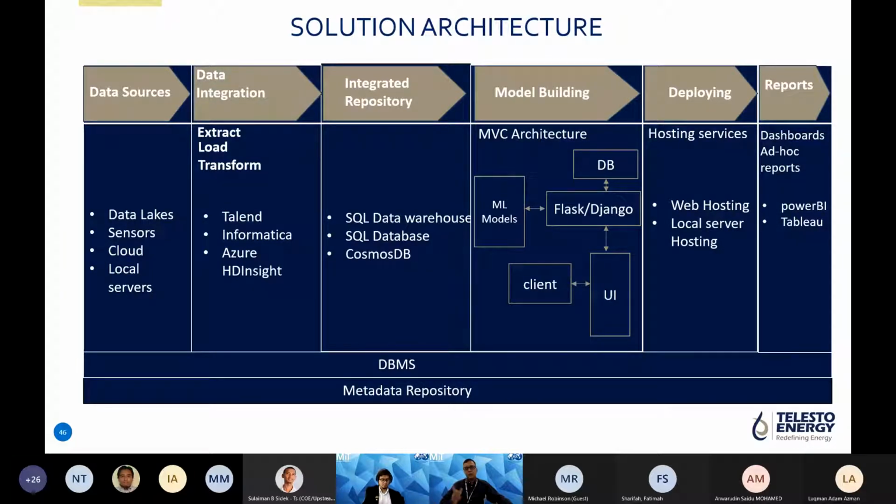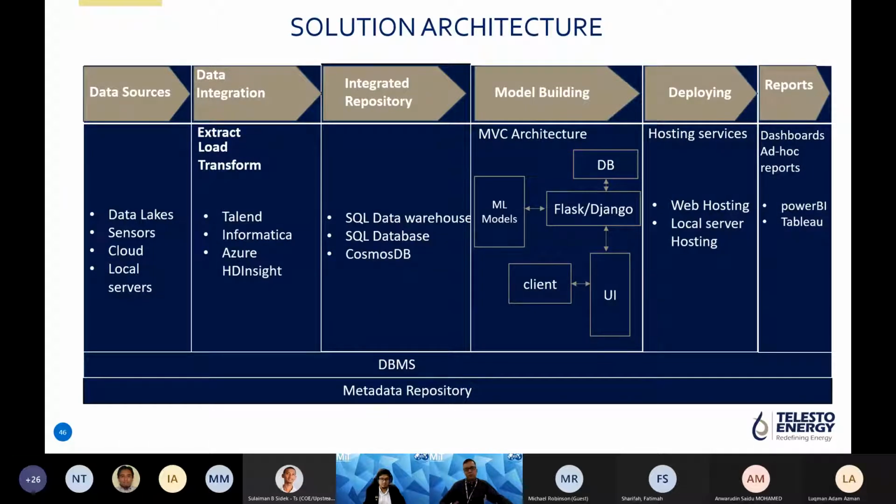And again, the whole process can be taken as an input to your existing software, or the dashboards. You can have your own visualization tools, or you can have visualization tools like Power BI and Tableau. But one must understand that the commercially available visualization tools for oil and gas applications are very, very few.